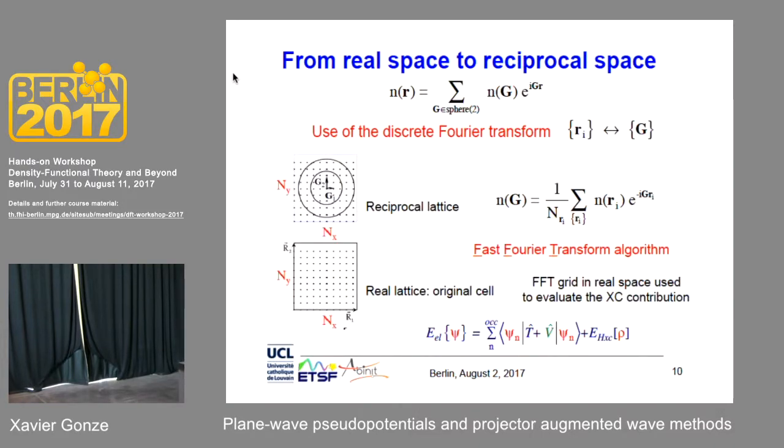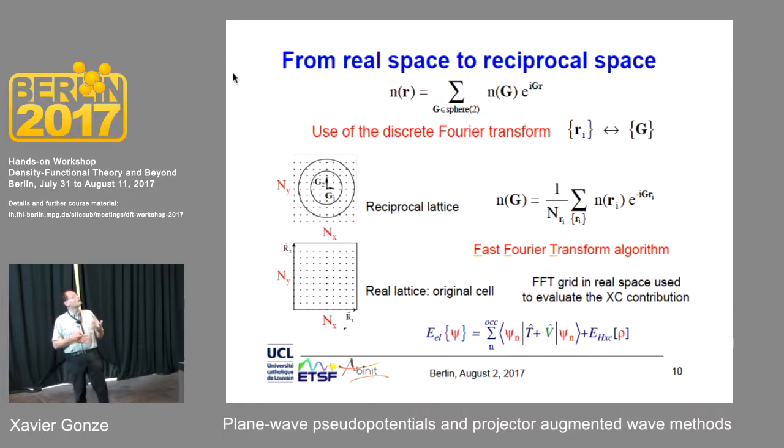And actually, we can use what is called a discrete Fourier transform, and it's a key point in all plane wave-based implementations of density functional theory. We will have a dual representation, and we will quickly switch between the real space and the reciprocal space. Well, I will not enter into the detail of the algorithm that allows to go from real to reciprocal space. This has been developed by mathematicians. It's especially efficient.